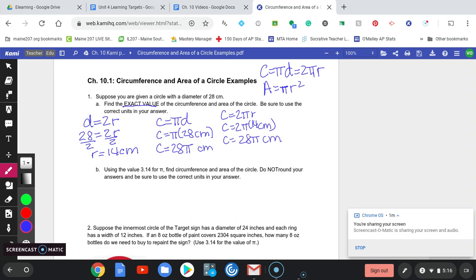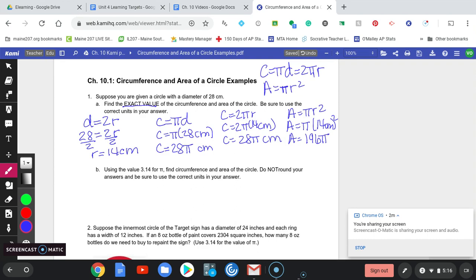When we go to the area, that formula is pi r squared. We need to make sure we substitute 14 centimeters in for r, and it's squared. So this time, when you square 14, that's 196.